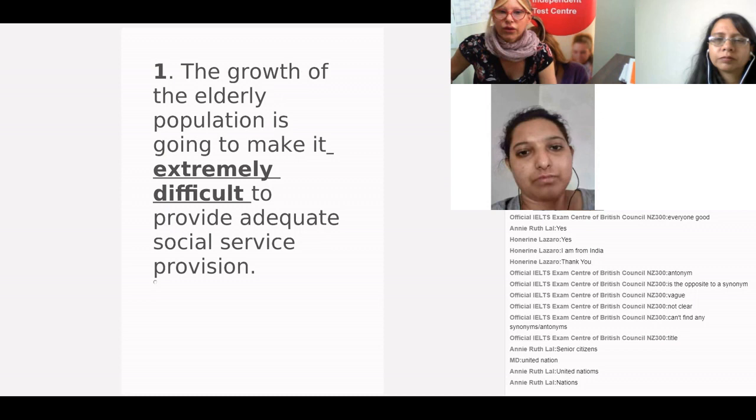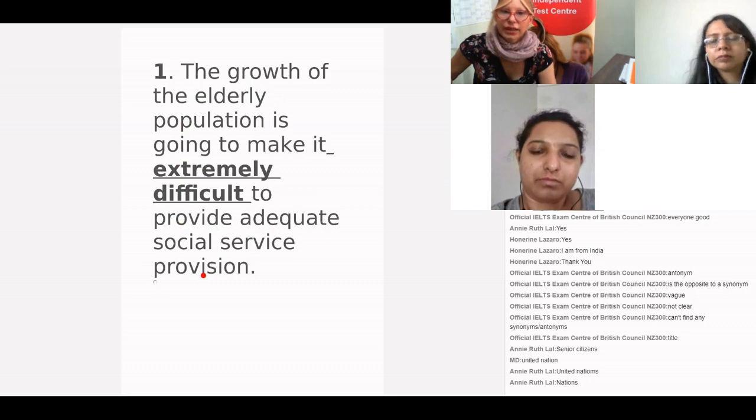Okay, so here is our first statement. The growth of the elderly population is going to make it extremely difficult to provide adequate social service provision. Okay, the growth of the elderly population is going to make it extremely difficult.